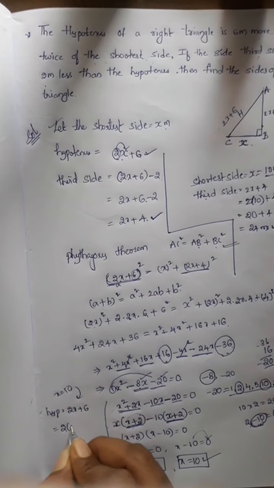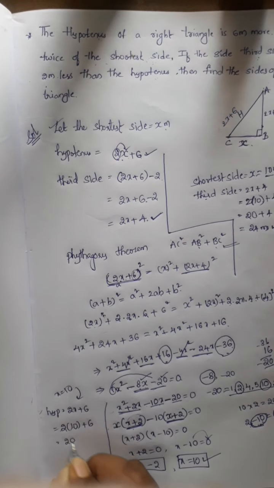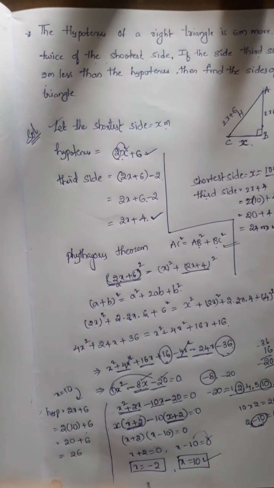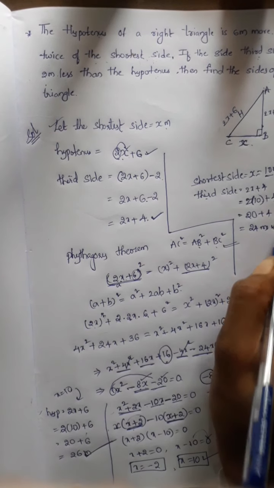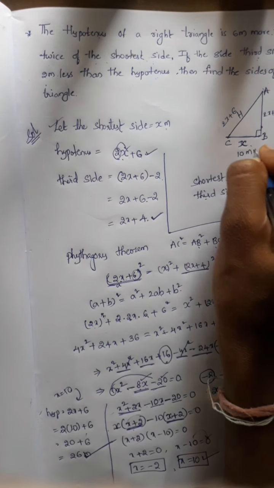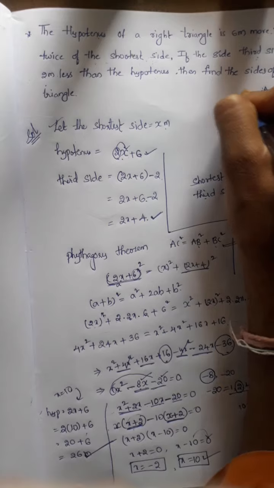So 2 into 10 plus 6. 2 tens are 20 plus 6. 20 plus 6 gives us 26. So the 3 sides are now in our hand, right? One is 10 meters, this is 24 meters and the hypotenuse is 26 meters.